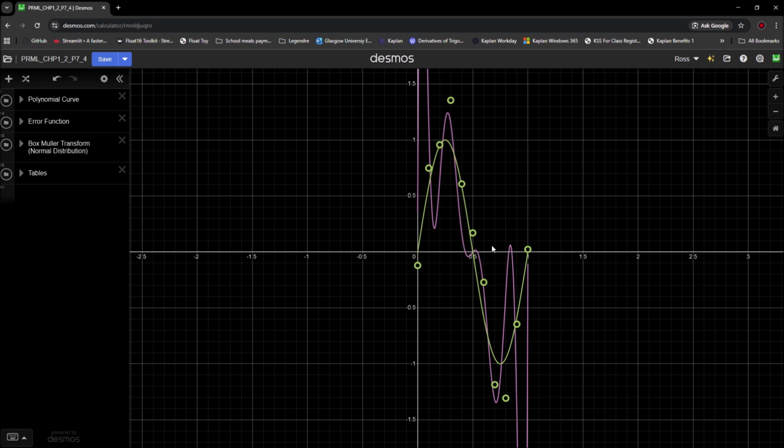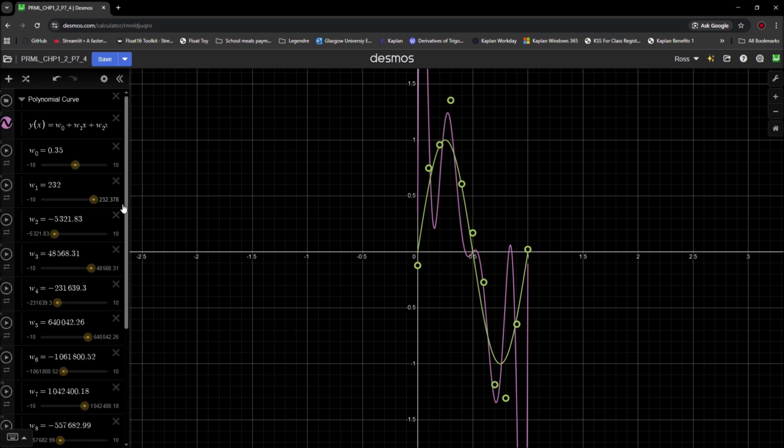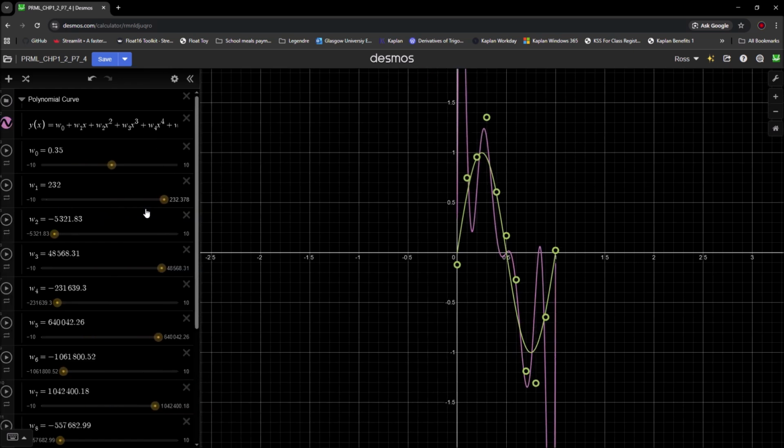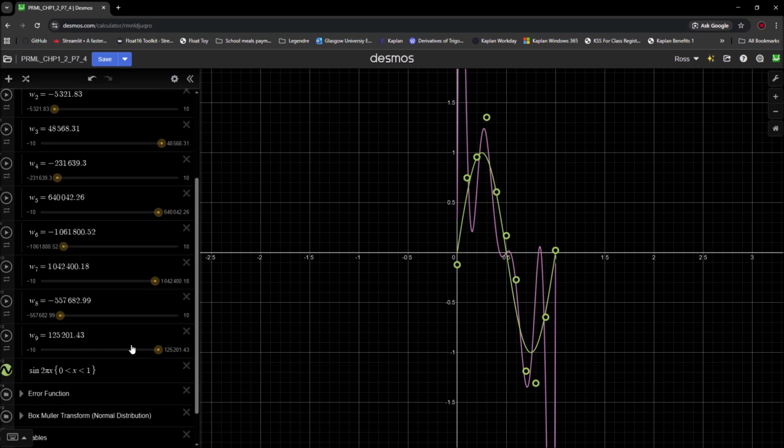Now the reason our curve doesn't go through all of these points is that the values that we've used here for our weights, W0 all the way up to W9, are the values which are on page 8 of the book, table 1.1.